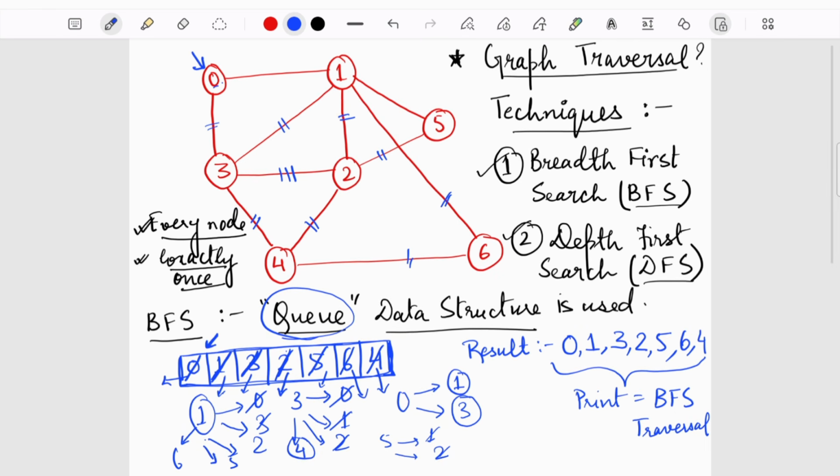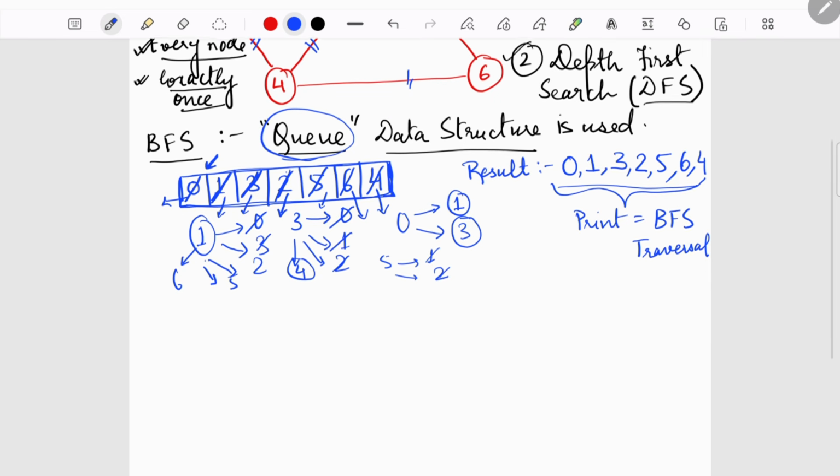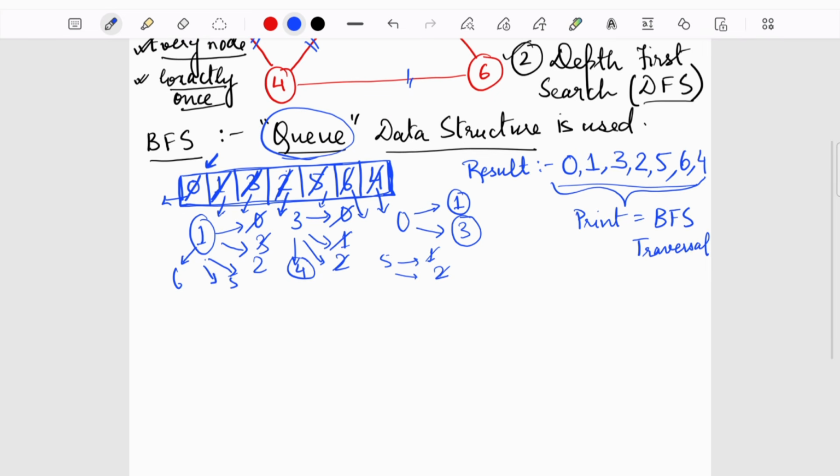So I think this order is clear to you, how we got it using the queue data structure. Now if you look at the order of insertion of the adjacent nodes, for example, first we inserted node 0. Then which were the nodes adjacent to 0?